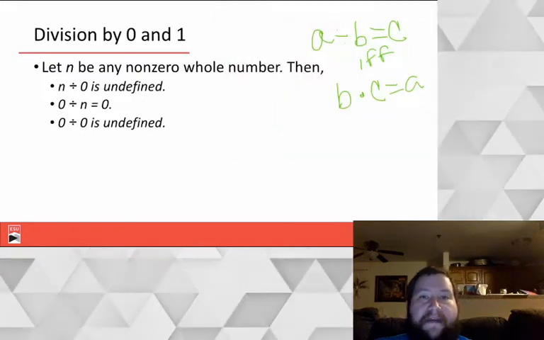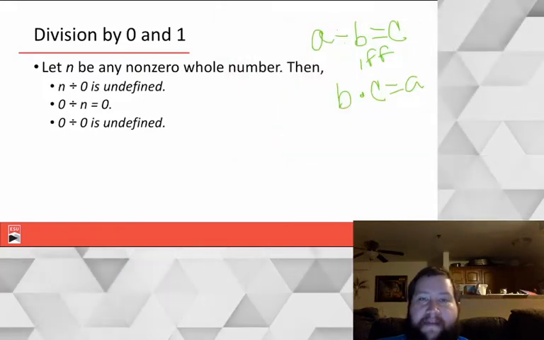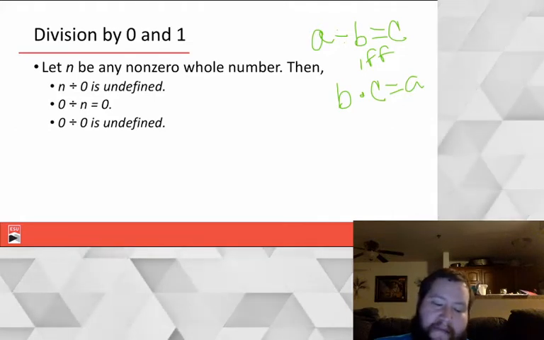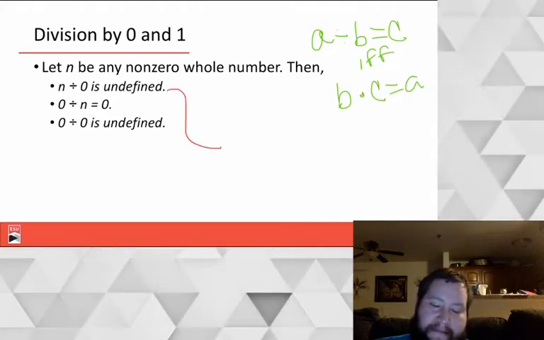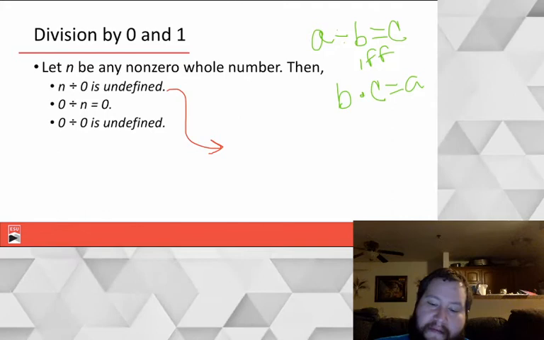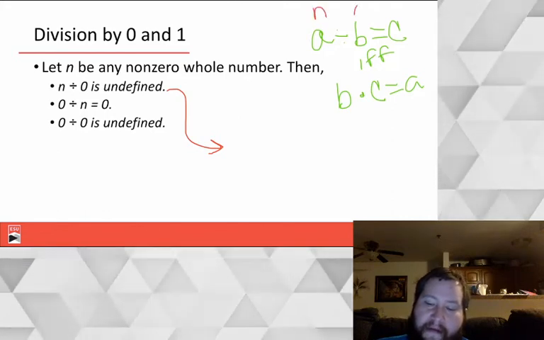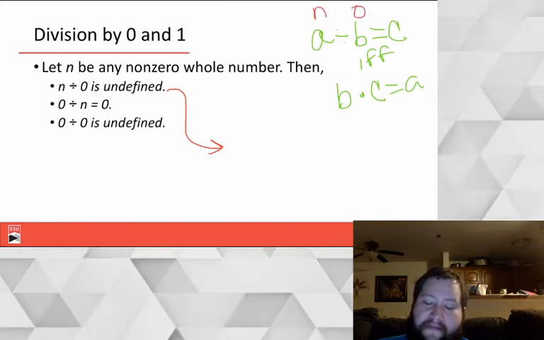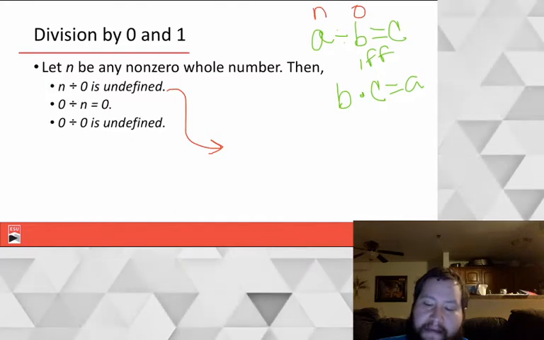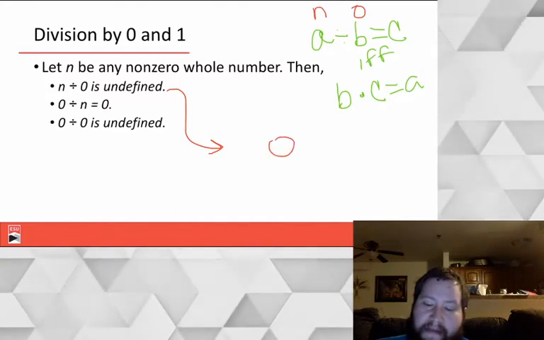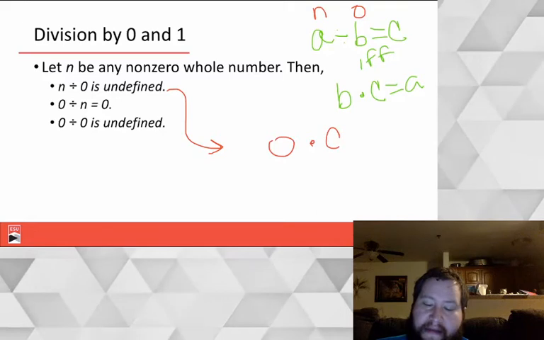So a divided by b is equivalent to b times c. So n divided by 0 means, this is n and this is 0, it says if and only if 0 times c is our given n.